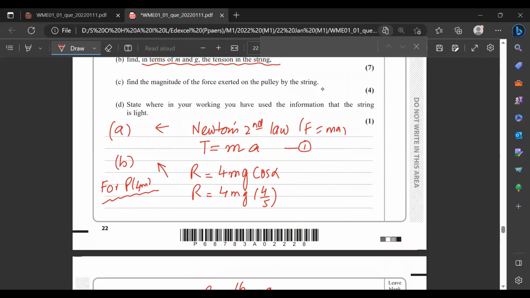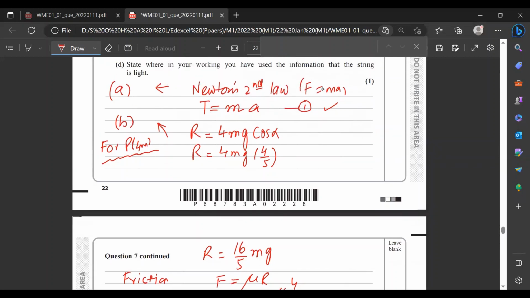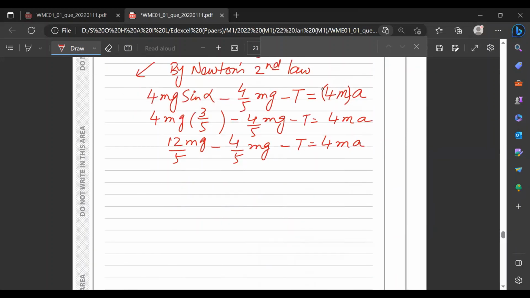Keep in mind that we already have the equation T equals ma, and we'll be using this equation in the second part. T is equal to ma, or ma is T. So I can simplify 12 over 5 and 4 over 5, these two being like terms: 8 over 5 mg minus T is equal to 4 into ma.